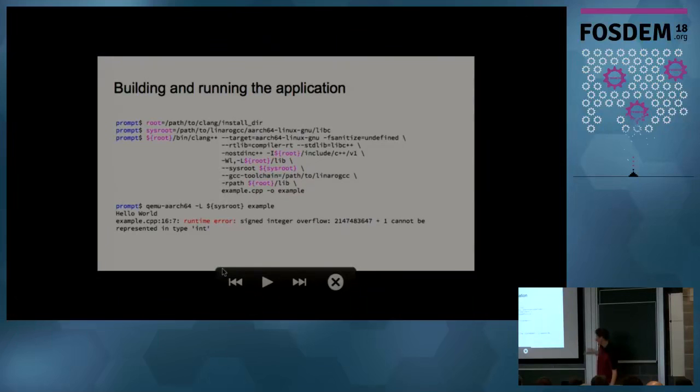In principle, UBSAN can work on QEMU using the user mode emulator. For those of you not familiar with the user mode emulator, what it's doing is intercepting the system calls from the target and then emulating them on the host. That's why it can't handle MSAN and ASAN.